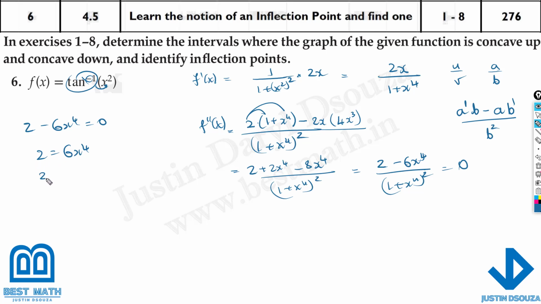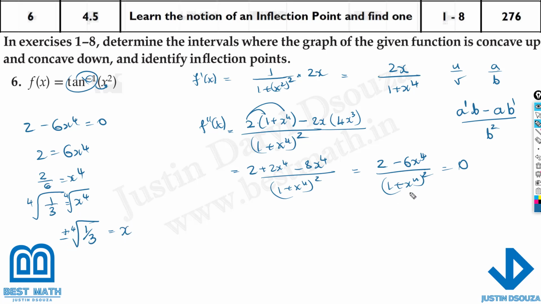It's going to be 2 by 6 is equal to x power 4. It's 1/3 is x power 4. We need to take the radical 4 on both the sides. Now since 4 is even, you will have plus or minus here. It's radical 4 of 1/3. That's going to be the roots. Inflection point. That is equal to x.